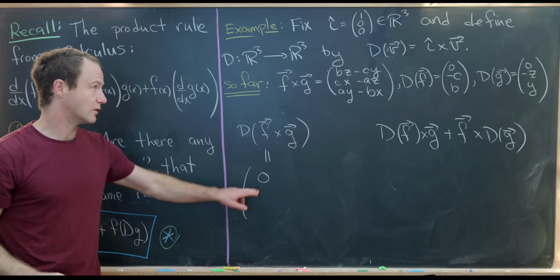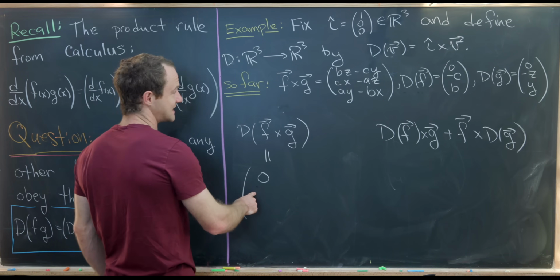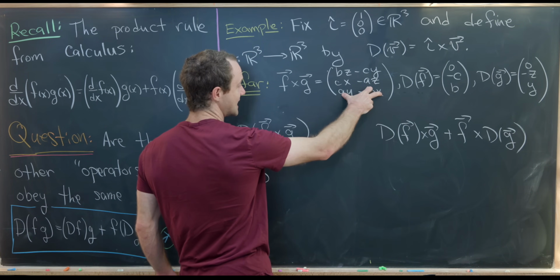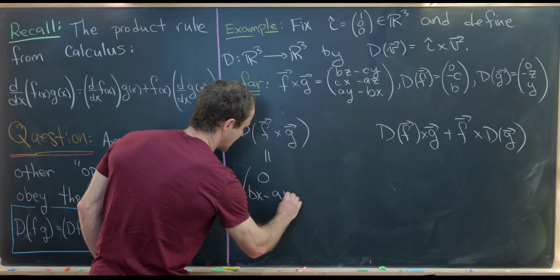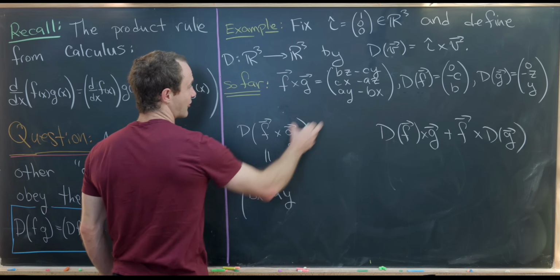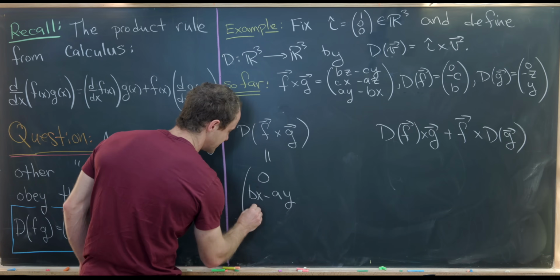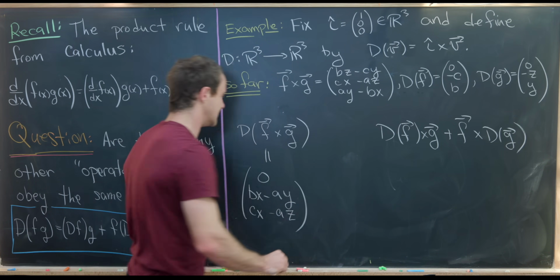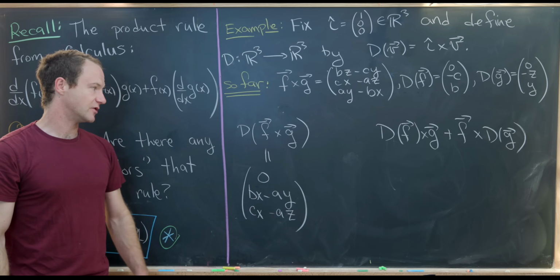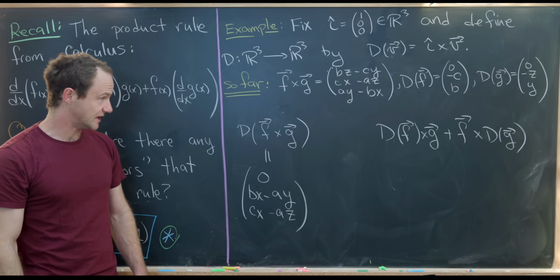The first entry will be 0, and then the second entry will be the negation of the third entry, which I'm going to write as bx minus ay. Then our third entry will be the second entry, so that'll be cx minus az. So that's D evaluated at f cross g.